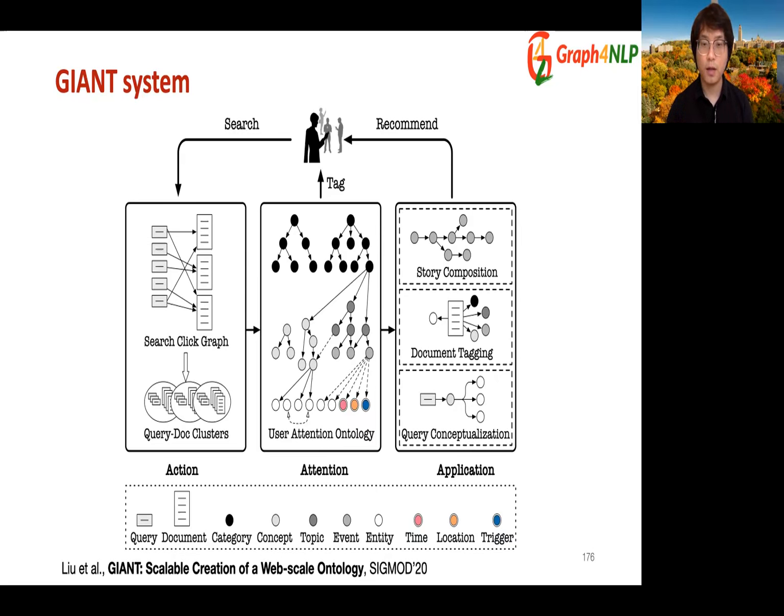Based on it, we can tag the user's interests, and we can tag the content of documents or queries, or help to construct the story tree. Then, based on the tagging of both users and documents or queries, we can match the content so that it can help to improve the recommendation performance. For example, if a user is interested in fuel-efficient cars, and we know that a document is talking about fuel-efficient cars, we can help to improve the performance of the recommendation.